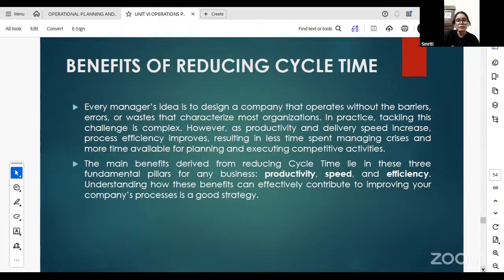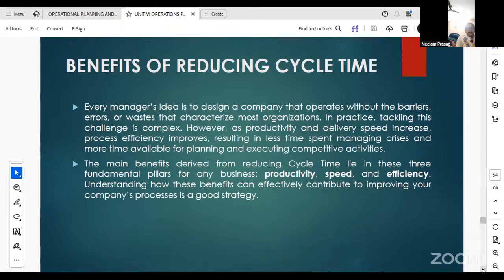The main benefits derived from reducing cycle time lie in these three fundamental pillars for any business: productivity, speed, and efficiency. Understanding how these benefits can efficiently contribute to improving your company's process is a good strategy. This is one thing which will really improve your customer base.